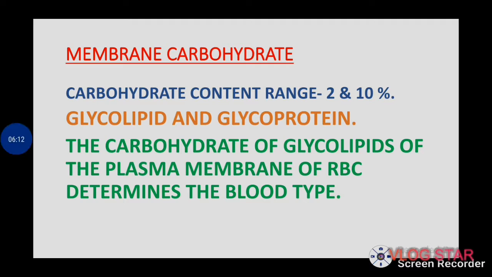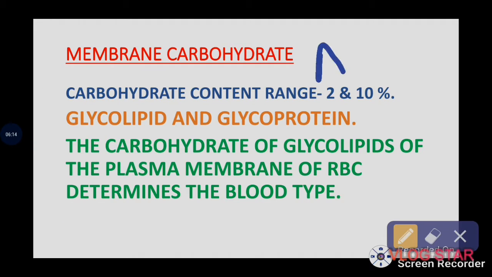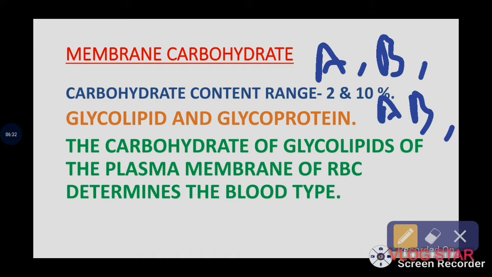Maybe the person is blood type A having the A antigen, or B, or AB having both the antigens A and B. And what are these antigens? These are glycolipids actually, that means some carbohydrates linked to lipids. So he may be O, that means zero actually, having no antigens present on the bilayer of the RBC, or red blood cells or erythrocytes.